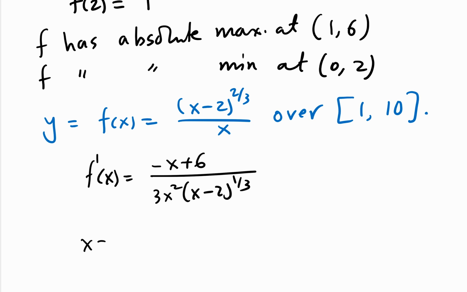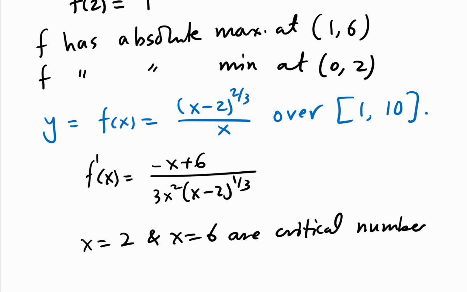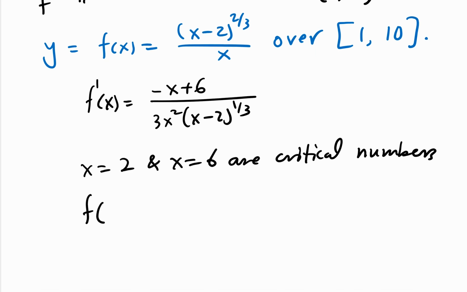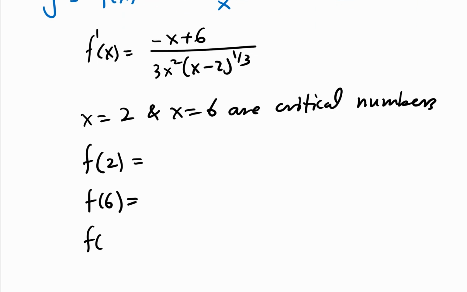From here we got that x equals 2 and x equals 6 are the critical numbers. We can now find f of 2, f of 6, and the endpoints of the interval, f of 1 and f of 10.